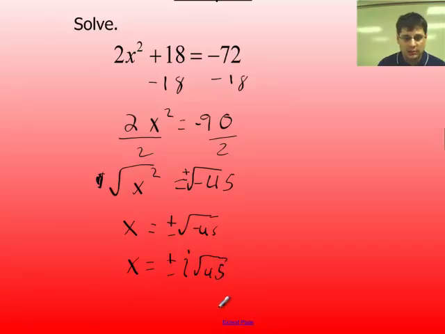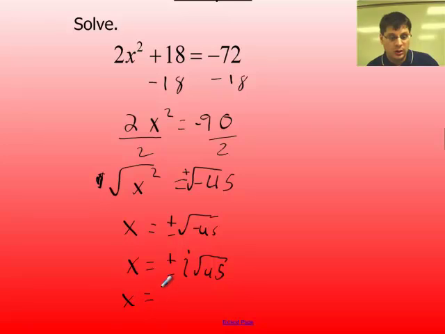But we're not done, because we want to present our answers in the simplest form, which means we want to ask ourselves, are there any perfect squares that we can pull out of 45? Well, 45 is 9 times 5, so we can pull out a 9, and the square root of 9 is 3.